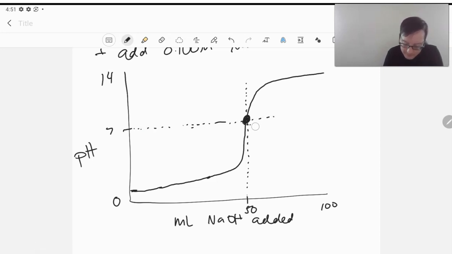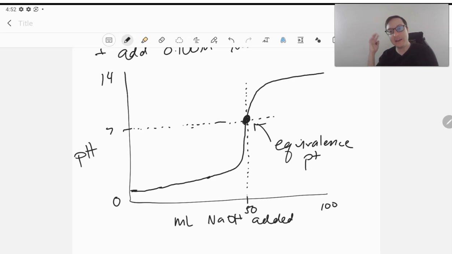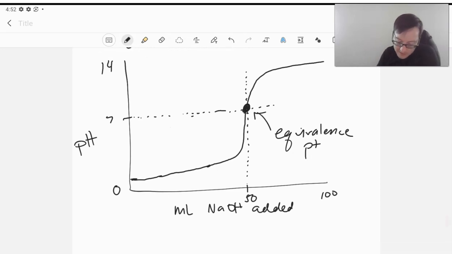Notice that once we have reached what's called the equivalence point, that's the equivalence point there, we have added exactly the same amount of base as acid, in moles. Because they were the same molarity, we've added the same volume, and therefore the moles are the same as well. That means the moles of acid and base are the same.